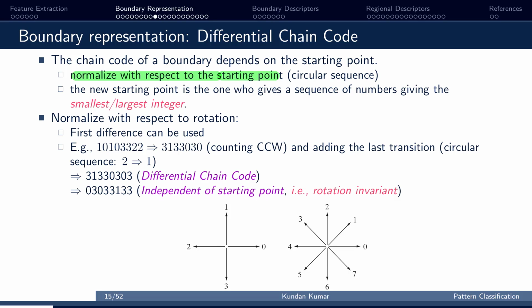So a new starting point is the one which gives the sequence of numbers forming the smallest or largest integer. So we have to write our Chain code in circular sequence, and find the number which is smallest or largest, any one.